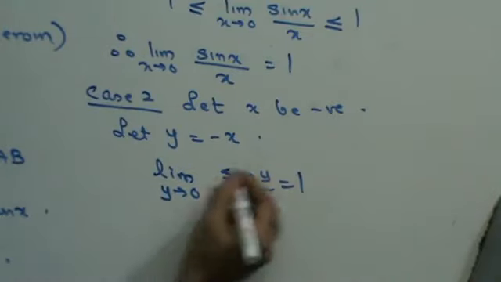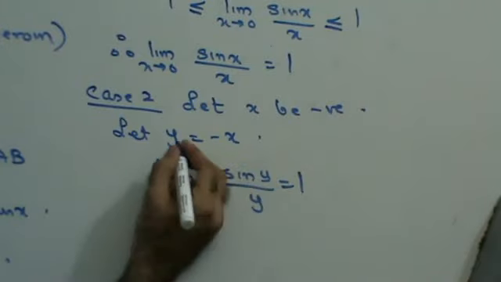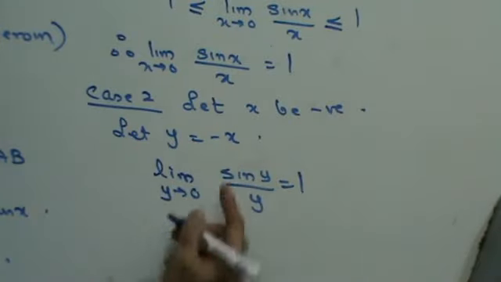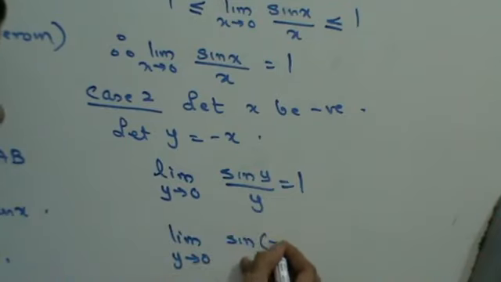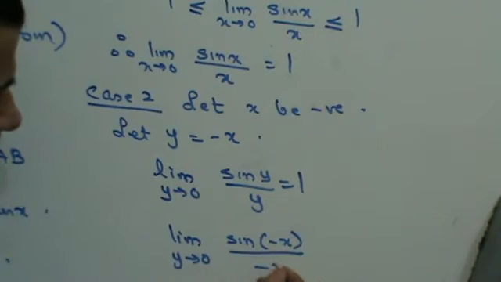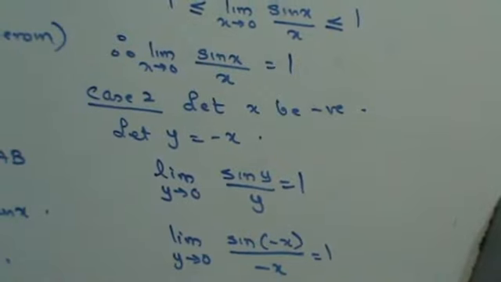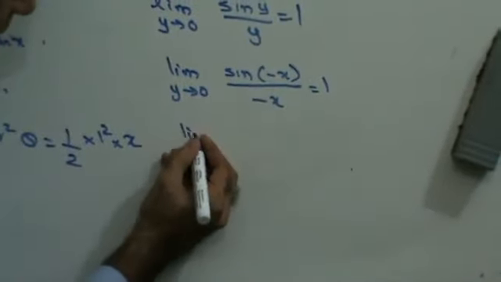Now, y is equal to minus x, right? So I can substitute this value. So limit of y tends to 0, this is sin of minus x upon minus x is 1. Sin of minus theta is nothing but minus sin theta.